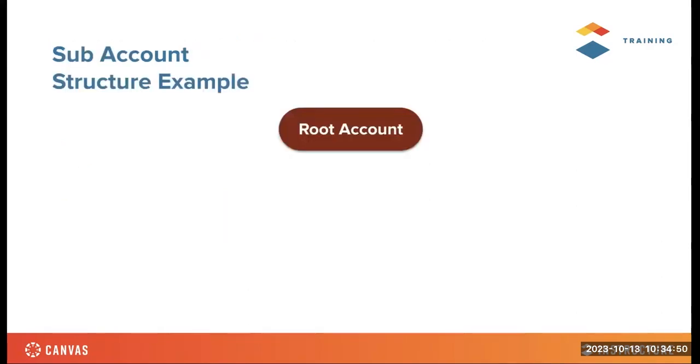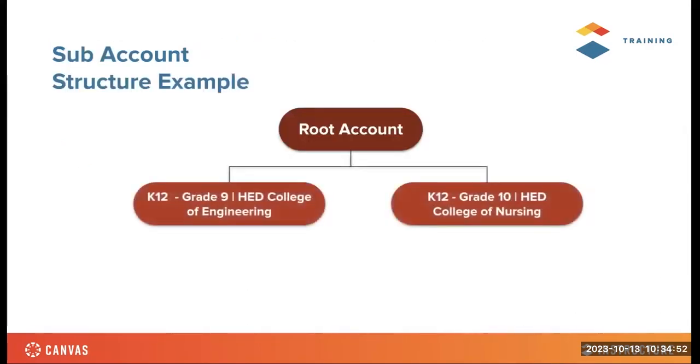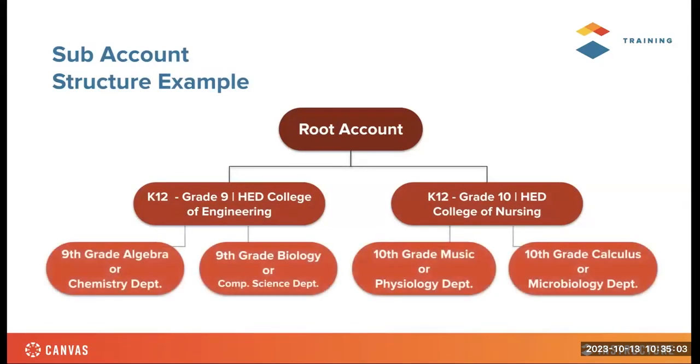Sub-account structure starts at the root and trickles down into the different types of departments you would like to have within your account. So we can start here and then move into an engineering department. And below the engineering department or engineering group, if you will, you can have subgroups, the science group, the chemistry group, and so forth.